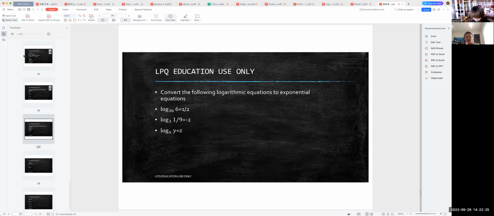By exponential equations, you mean writing it like 36 to the half equals 6, and 3 to the power of -2 equals 1/9. Then x to the power of c equals y. Very good.